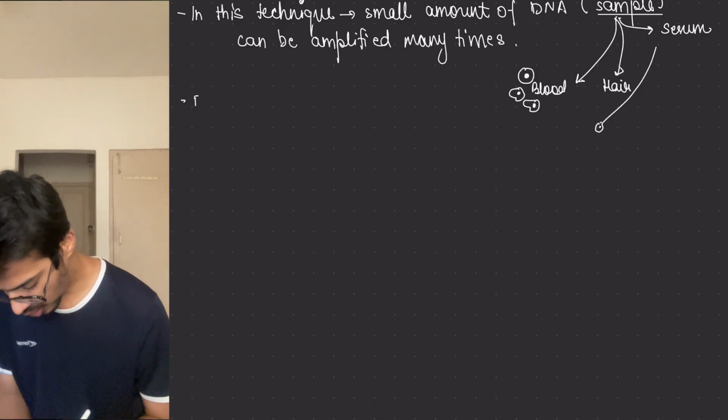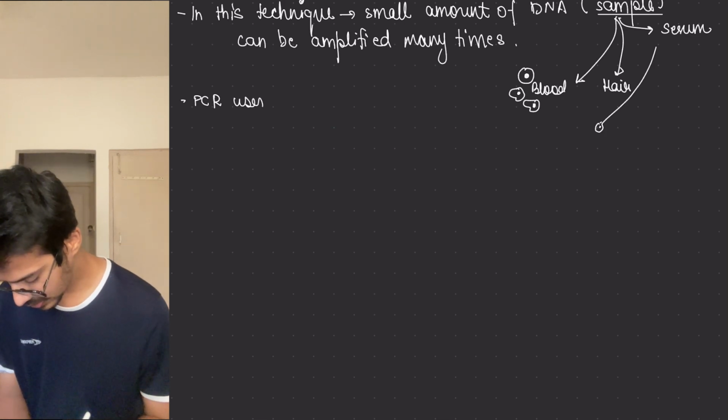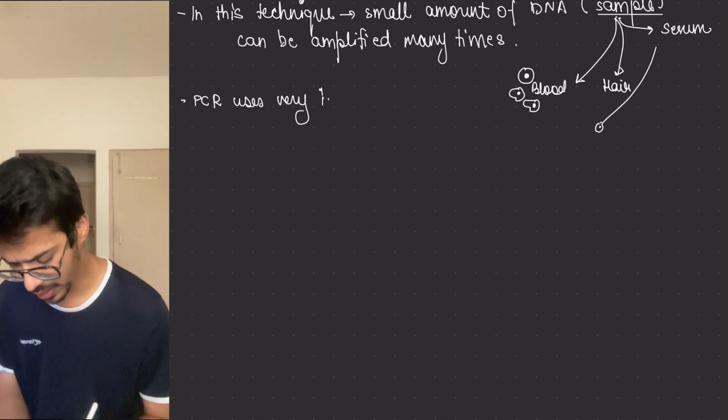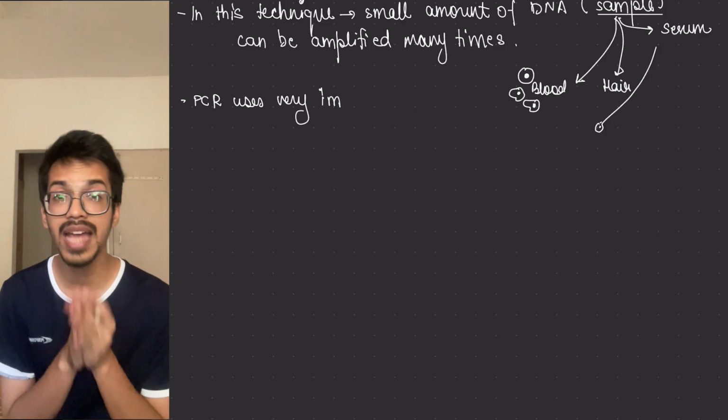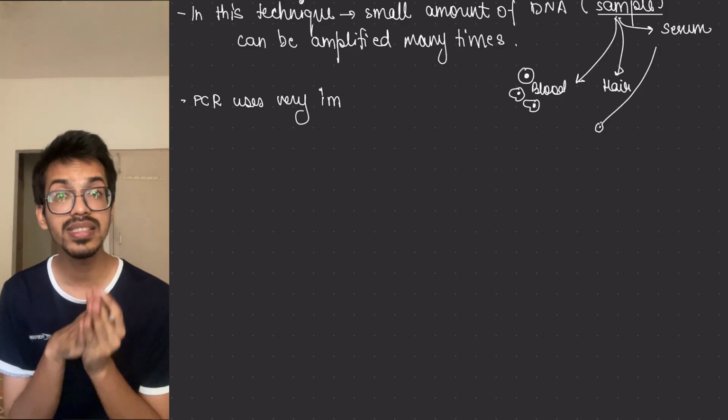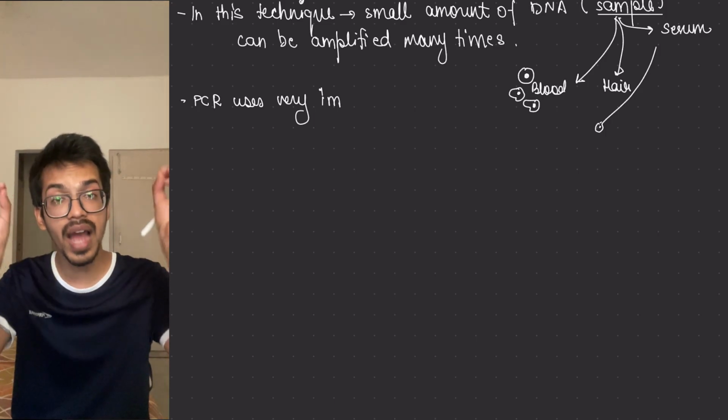So now the next thing is PCR uses a very important enzyme, that is Taq polymerase. This enzyme is stable at high temperature.